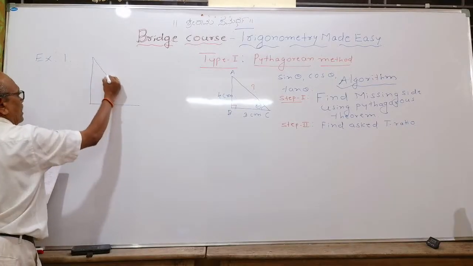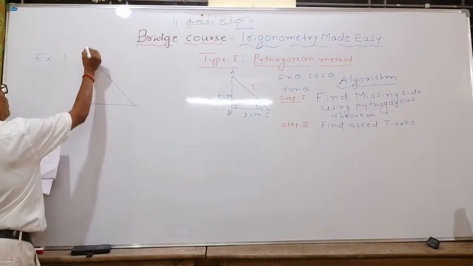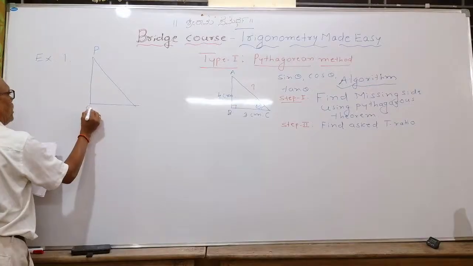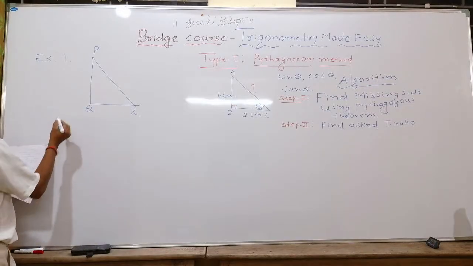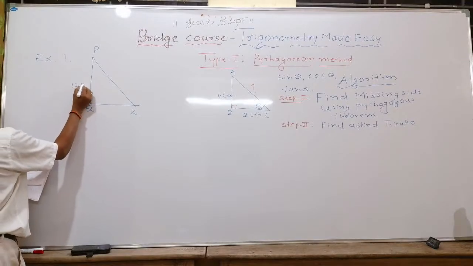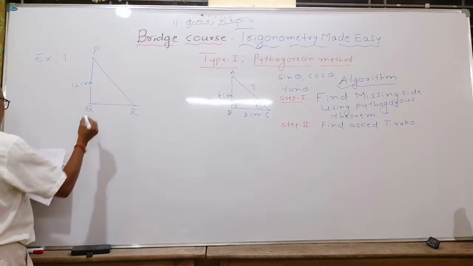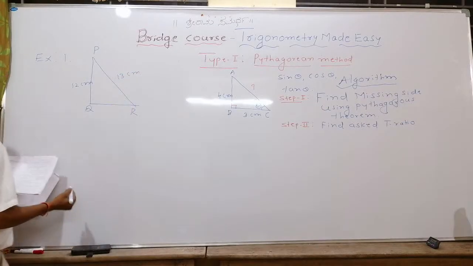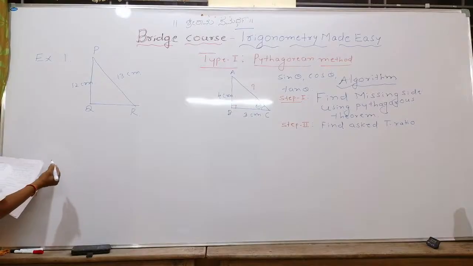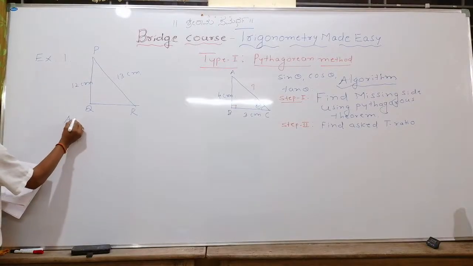First of all, draw a right angle triangle, given as PQR. They are given PQ as 12 centimeter and PR as 13 centimeter.